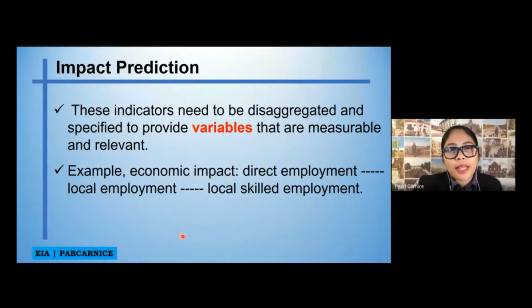And at the same time, they are also considered as local skilled employment because they were hired specifically on the basis of their skill. So that's an example of an impact prediction, specifically on economic impact.